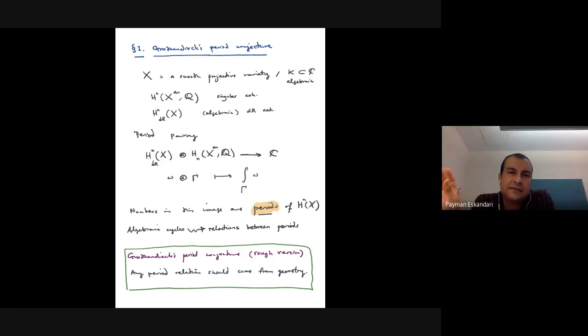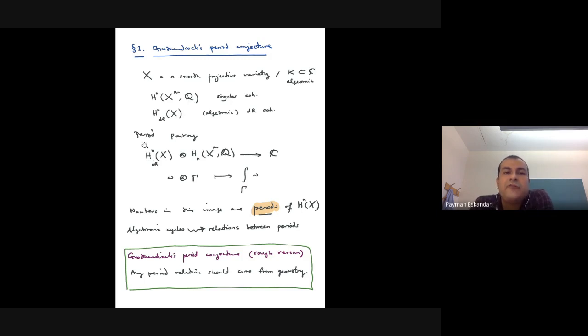This is due to Grothendieck's construction. It is a vector space over K, of the same dimension as the singular cohomology.